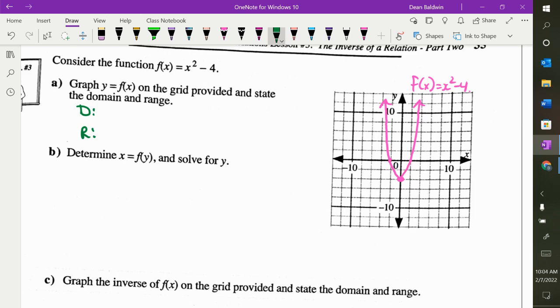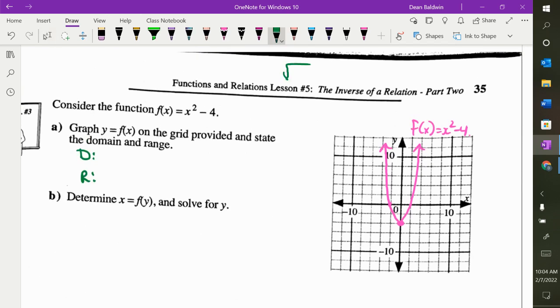Is there a square root in this equation? No. When's the other time? When you have a variable in the denominator, because you can't divide by 0. We don't have either of those, so do we have any domain restrictions? No. What do we write if we don't have any domain restrictions?